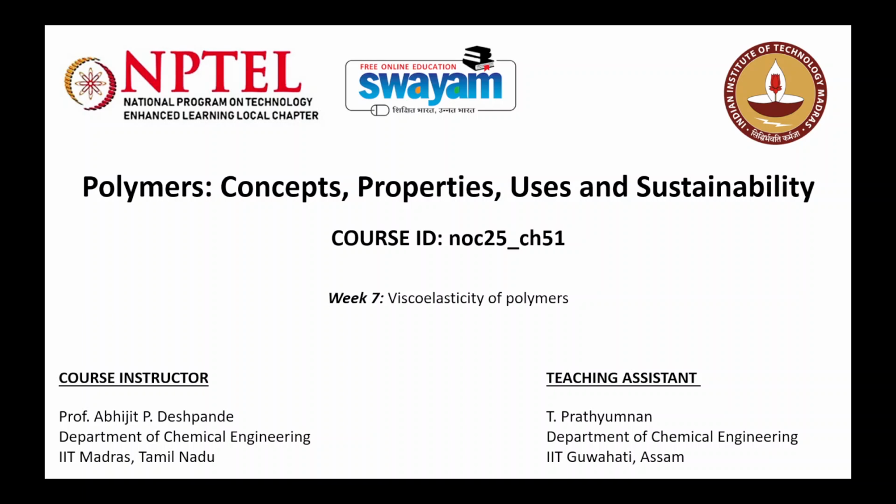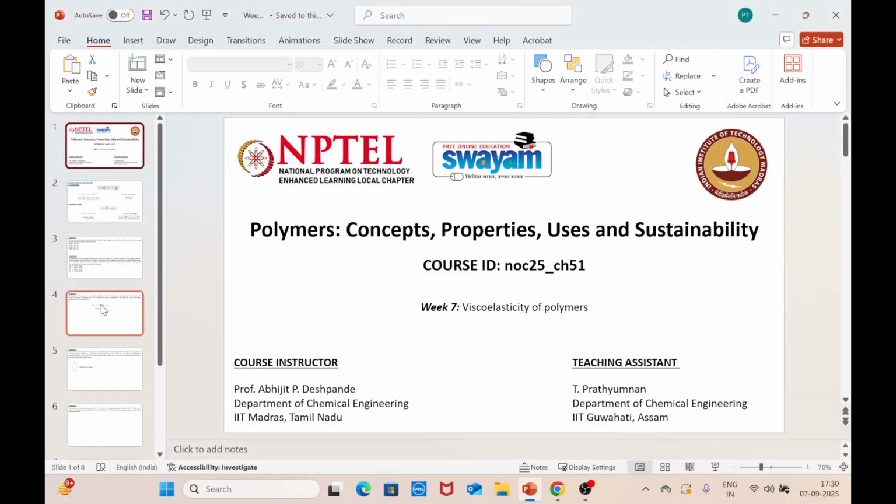The Deborah number is nothing but the ratio of the relaxation time of the polymer to the experimental time.